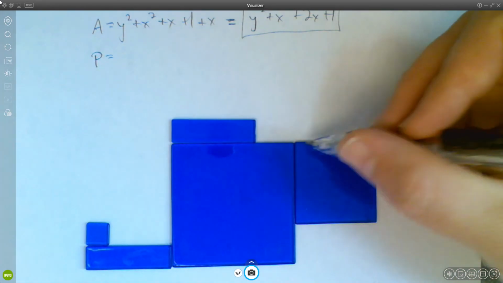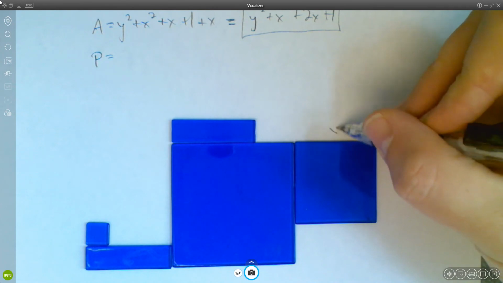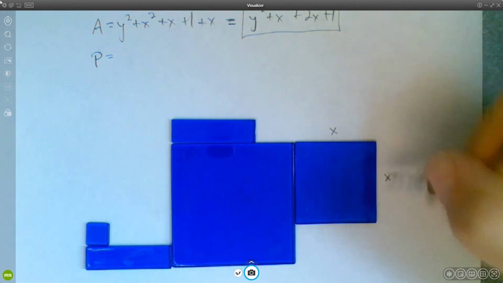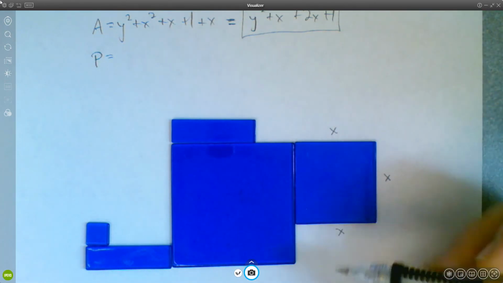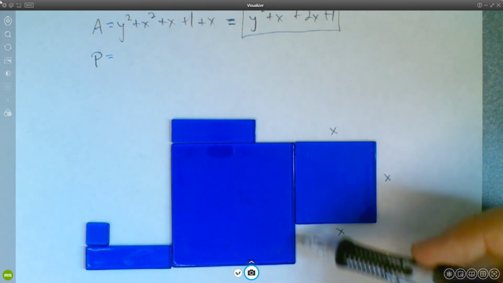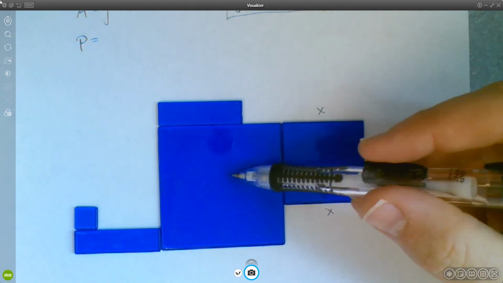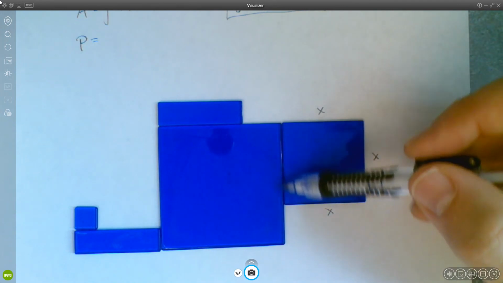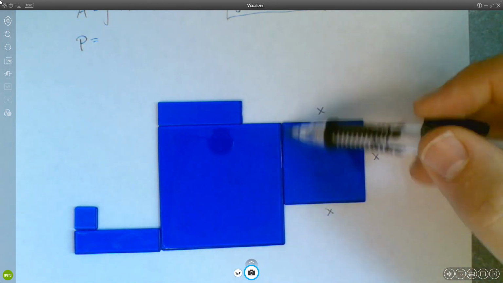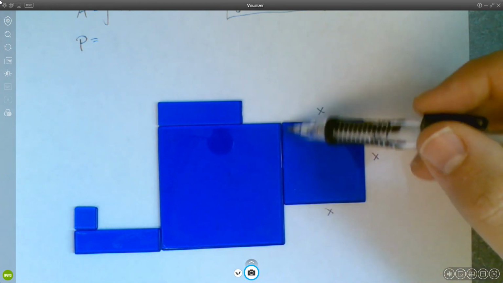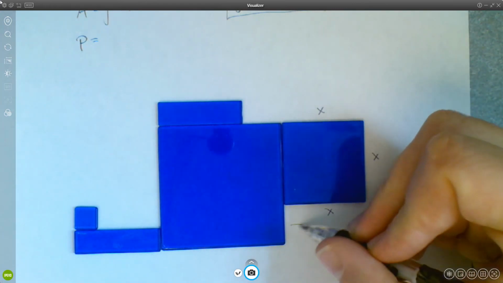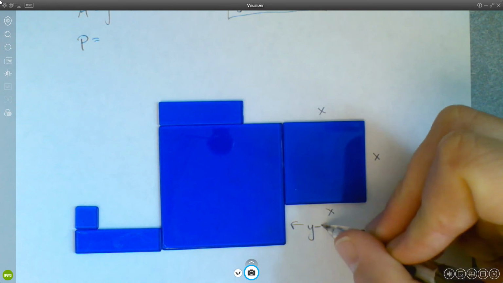Okay? So from here to here is x. And x and x. How do we get from here to here, though? Well, notice that this is our y squared tile, right? So that means the length of this tile is y. So it's going to be y minus x, right? That's that length right there, y minus x.